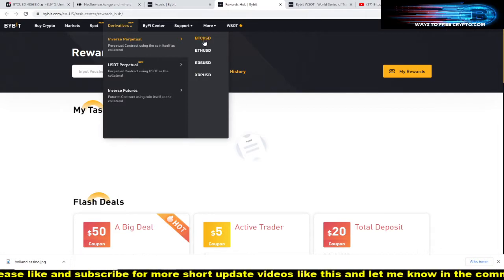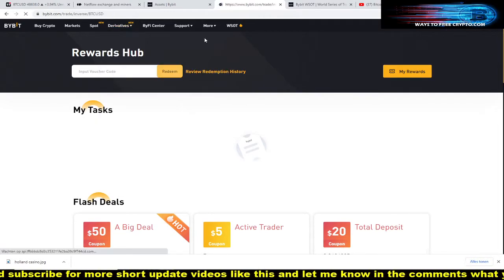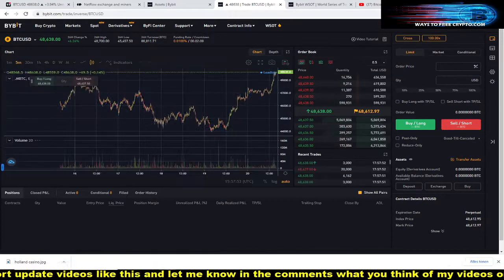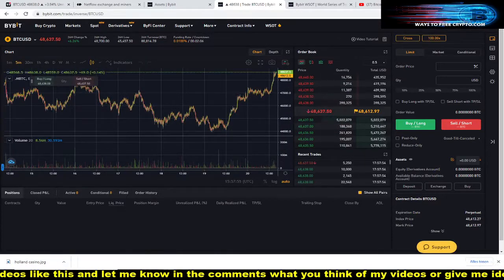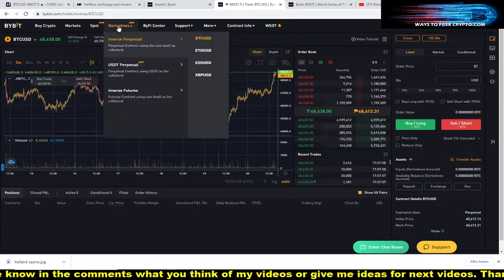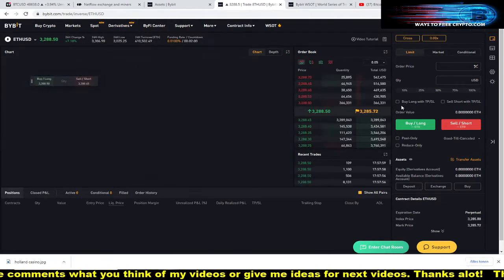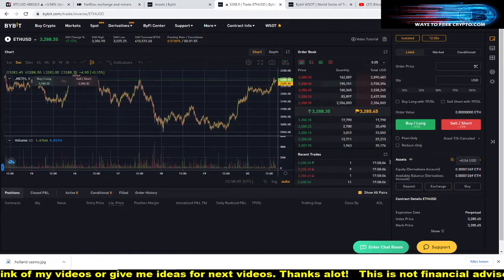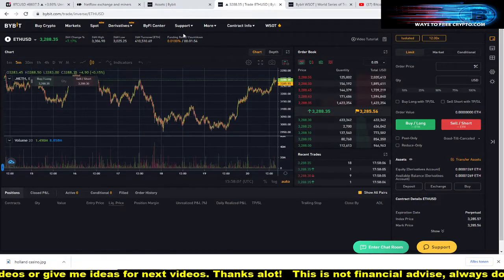These are, if you use this, then you are trading in Bitcoin. So first of all, here you can see that the amount is displayed in Bitcoin. So here you can trade in Bitcoin, or you can trade in Ethereum. So here you can simply, if you deposited Ethereum, you could trade in Ethereum.